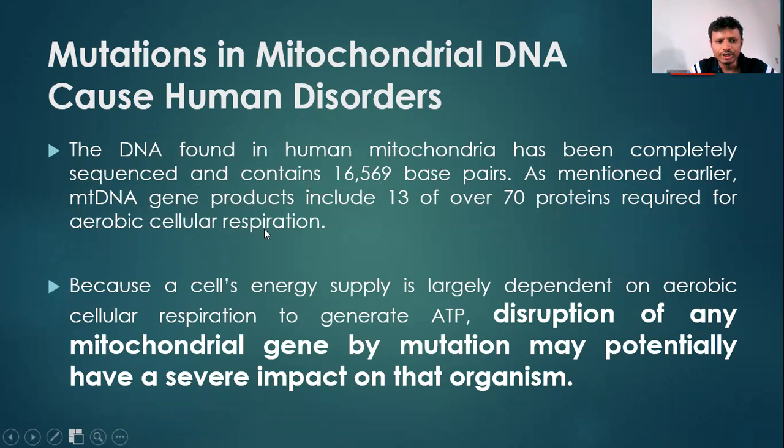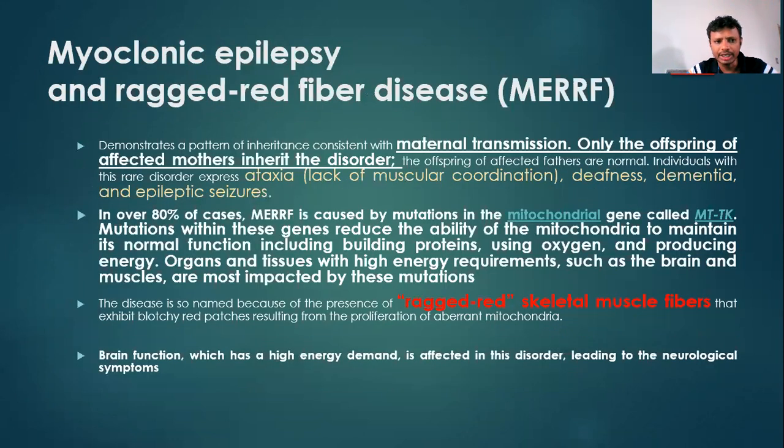Is it clear? As all the energy comes from mitochondrial aerobic cellular respiration, any disruption, mutation or loss of mitochondria will potentially and severely bring an impact on the organism.